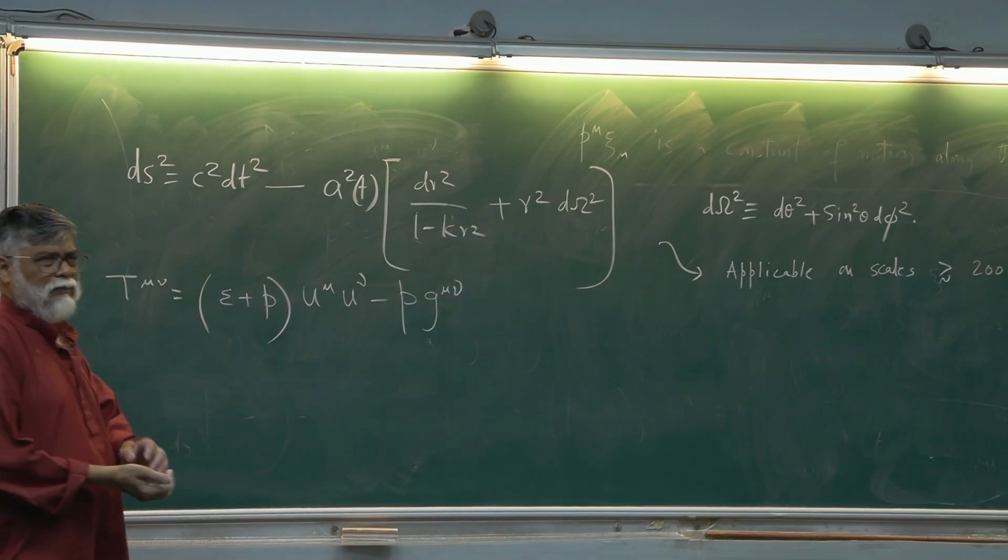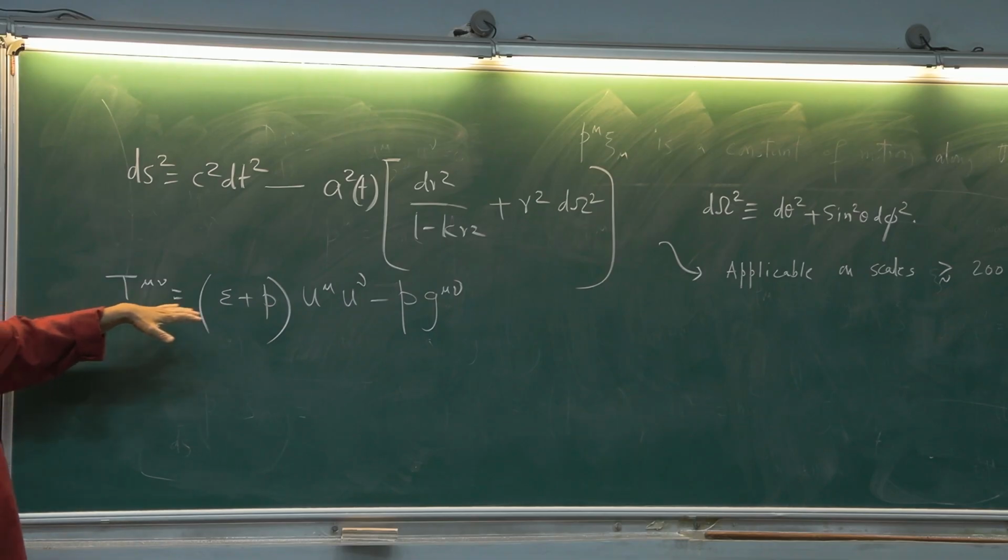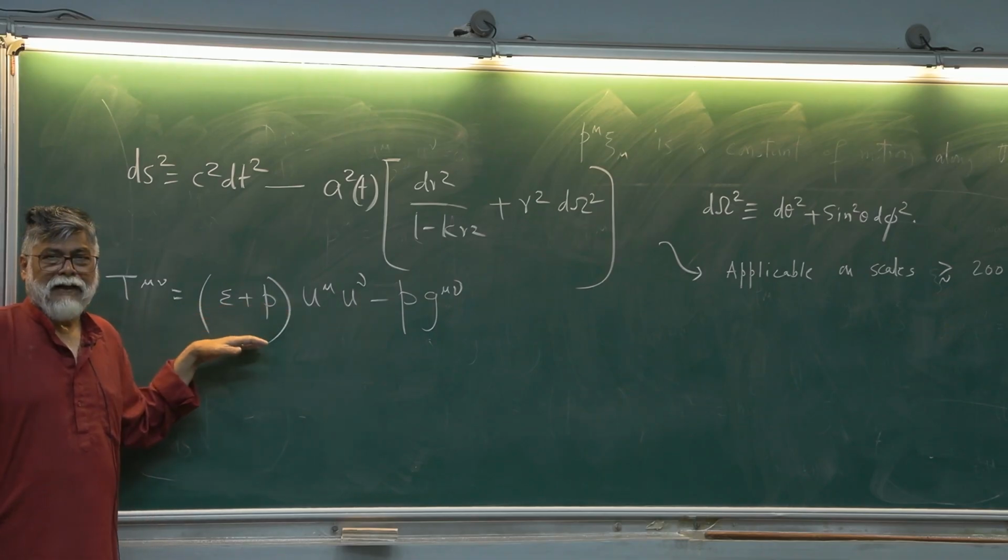And indeed the mass points, galaxies, are, for cosmologists, like point particles. So they are randomly moving and their energy momentum tensor can, with a great approximation, be described by a perfect fluid energy momentum tensor.